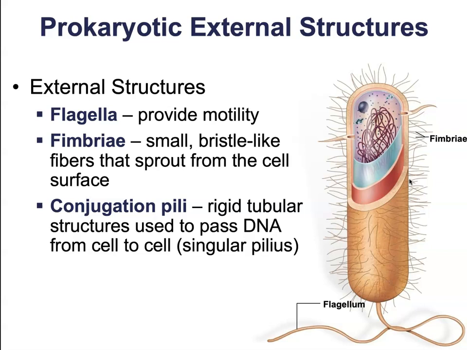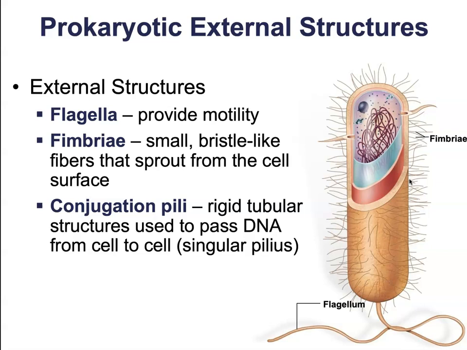Specifically, they're going to share not their entire chromosome, but those tiny little extra chromosomal plasmids that we mentioned earlier. So, for example, if one bacteria picks up a bit of extra chromosomal DNA, a plasmid that has the genetic information to be resistant to an antibiotic, it can make that antibiotic resistance.